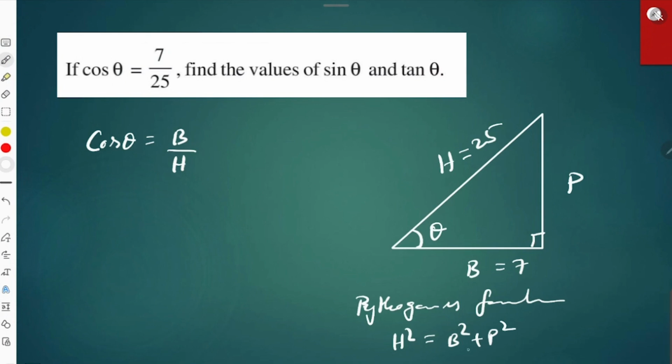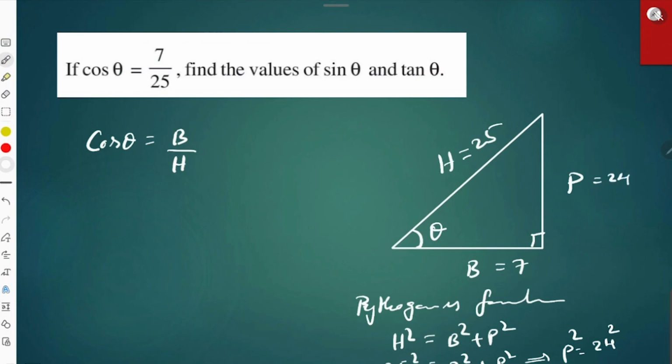So 25 square equals 7 square plus p square. So what will you get as the p value? P square is 24 square. So p value is 24.